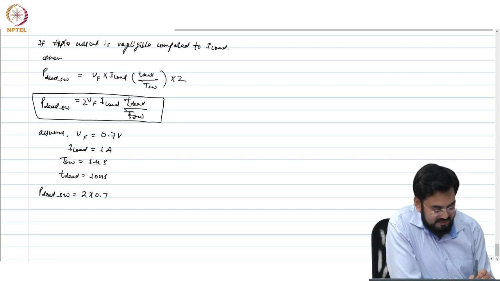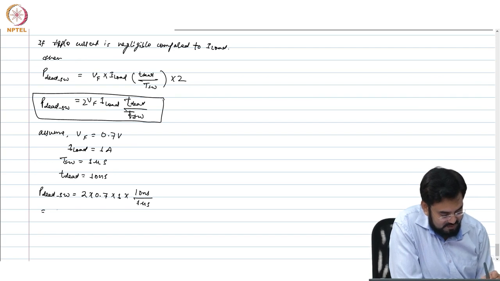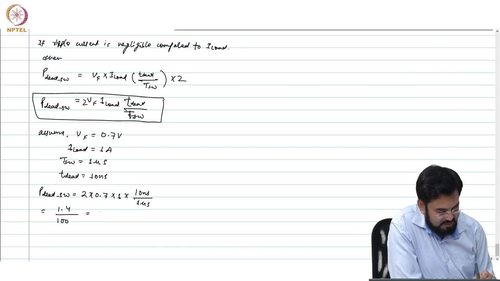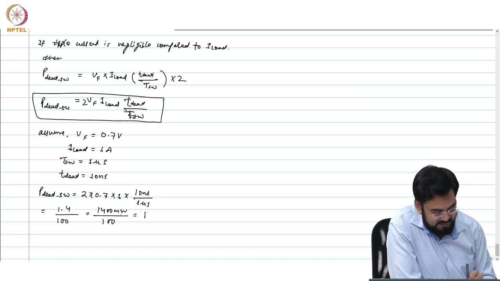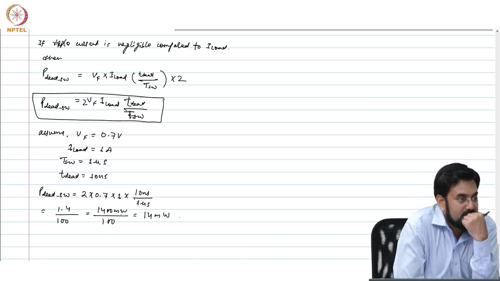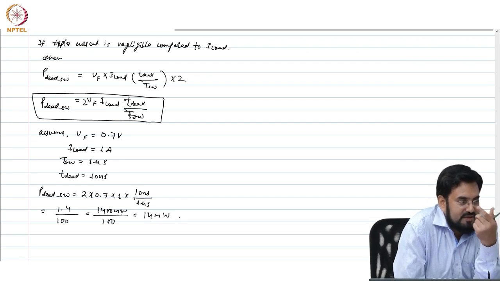Two into 0.7 into 1 into 1 over 100, which is 1.4 divided by 100. How much? So 1400 milli divided by 100, 14 milliwatt. Okay, correct, which is quite huge.